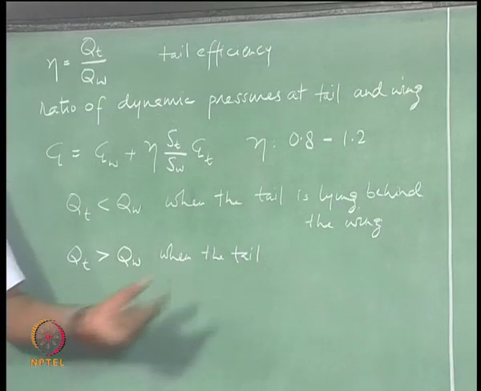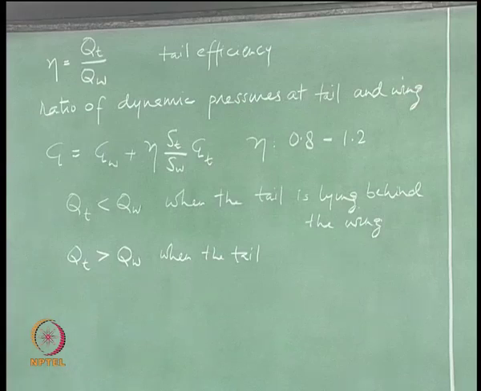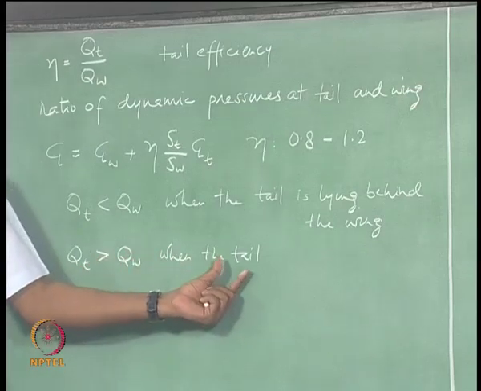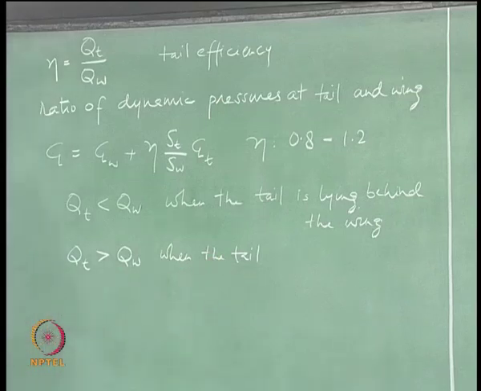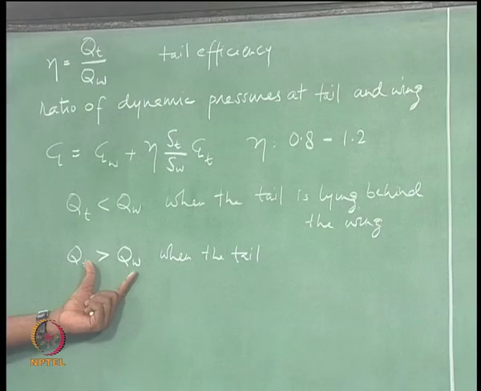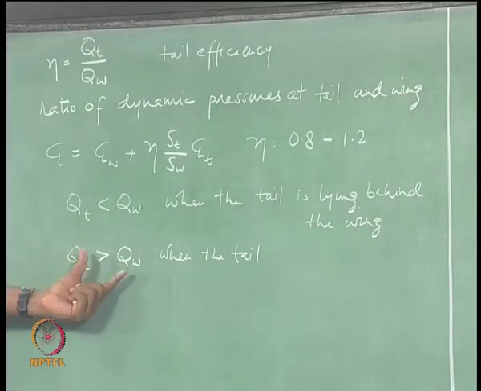It's being called tail because it's lying behind the wing, right. What do you call this surface when it's lying ahead of the wing? It's a canard, right. So, for canard configuration, you have Qt which is larger than Qw.